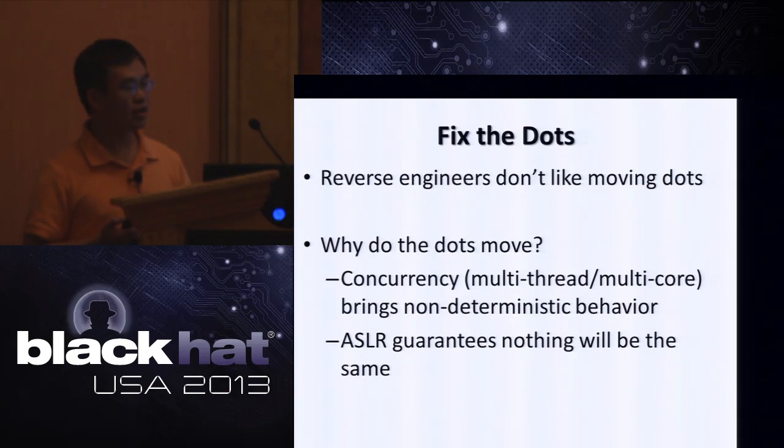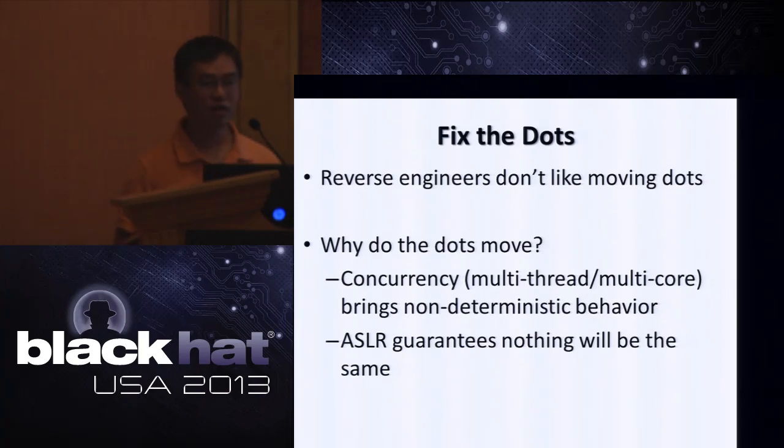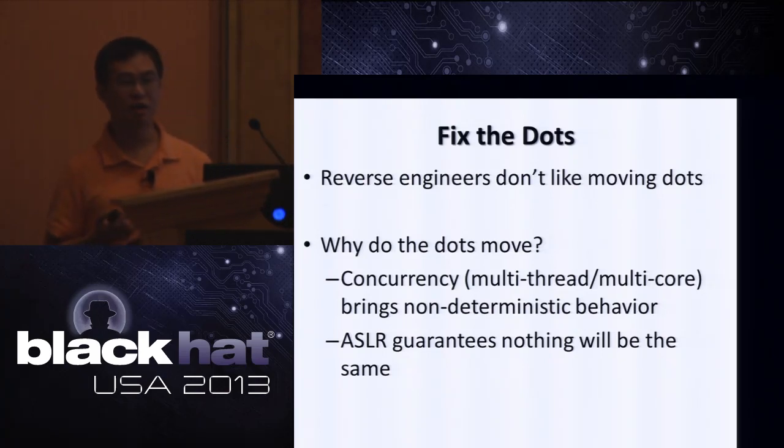And more interestingly, security features that are designed for protection actually make this matter worse. Address space layout randomization is by design meant to make every run of the same program have different internal workings.